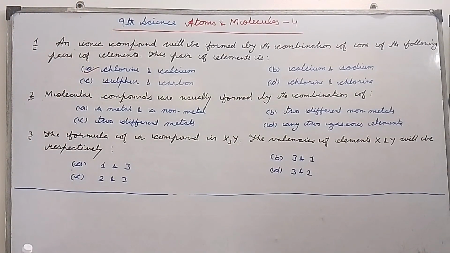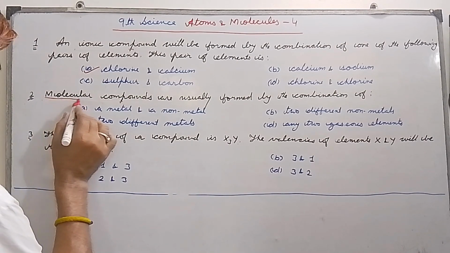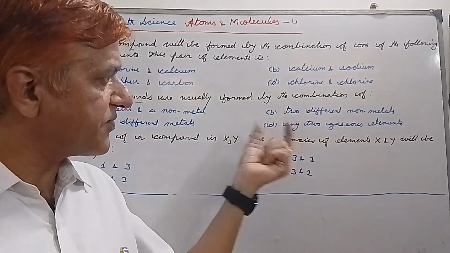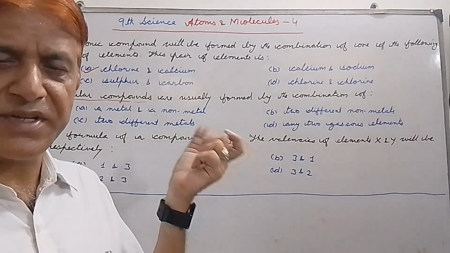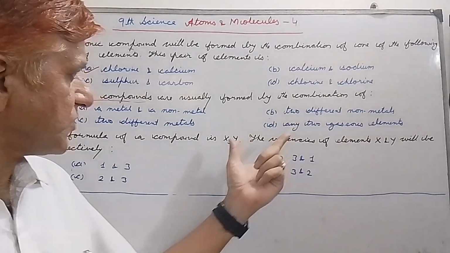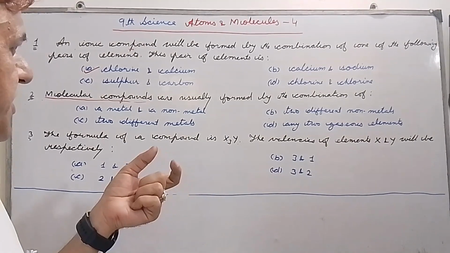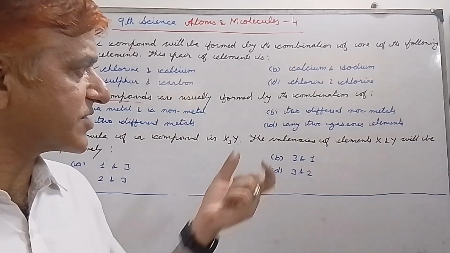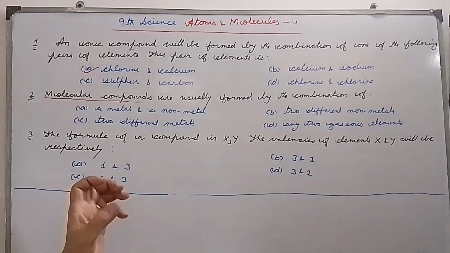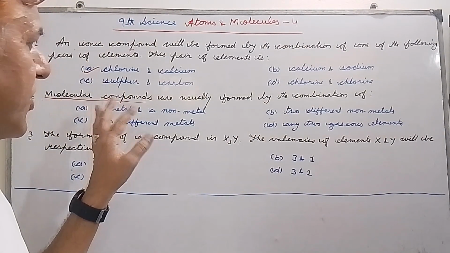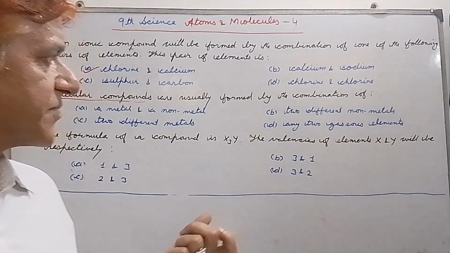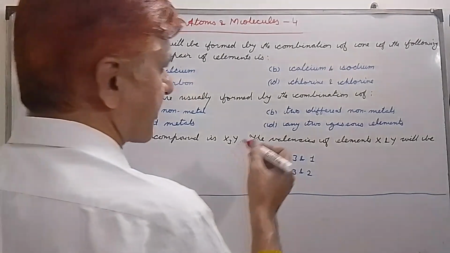So my dear students, molecular compounds are also called covalent compounds, and please remember that covalent compounds are formed between two different non-metals, or maybe two same non-metals. So always remember that in molecular compounds metals do not take part. So B is the correct option.